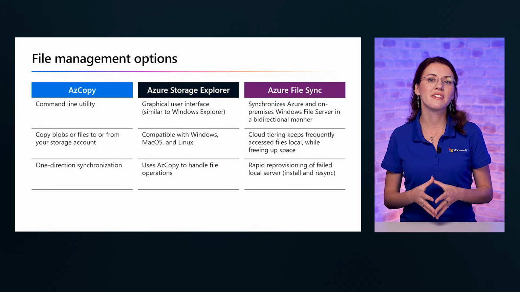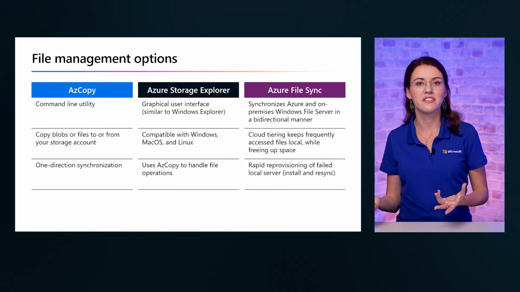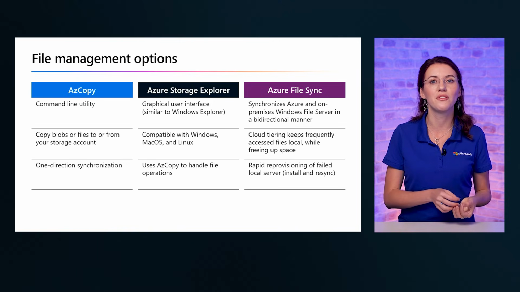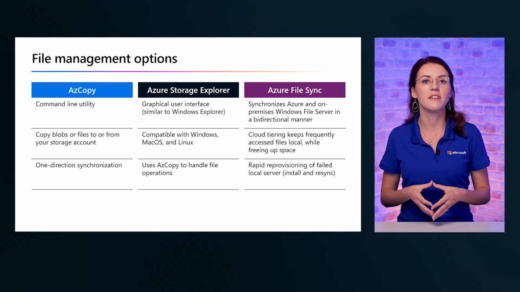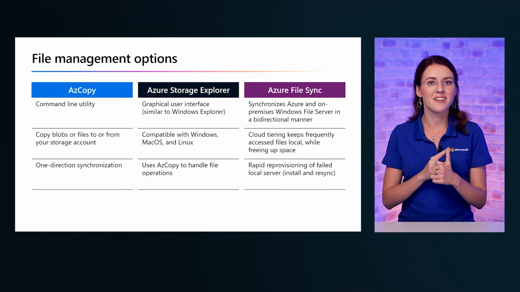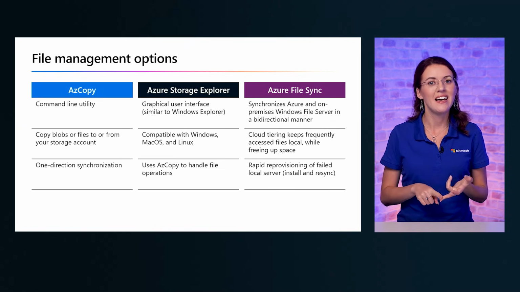In addition to large-scale migration using services like Azure Migrate and Azure Data Box, Azure also provides tools for moving individual files or smaller file groups and interacting with them. These tools include AzCopy, Azure Storage Explorer, and Azure File Sync.